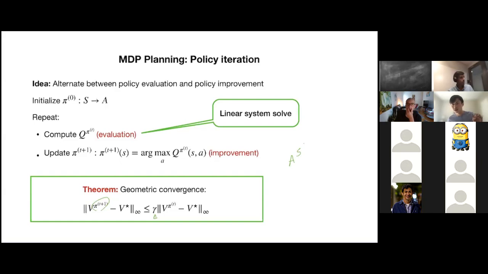So you keep doing hill climbing, searching over these policies, and the new one is guaranteed to be better than the previous one. You only have finitely many policies, A to the power of S, so you are guaranteed to find the optimal policy after at most A to the power of S iterations. This is the upper bound on the number of iterations.